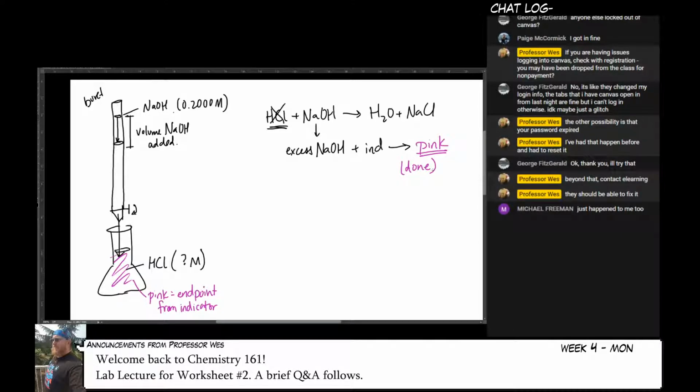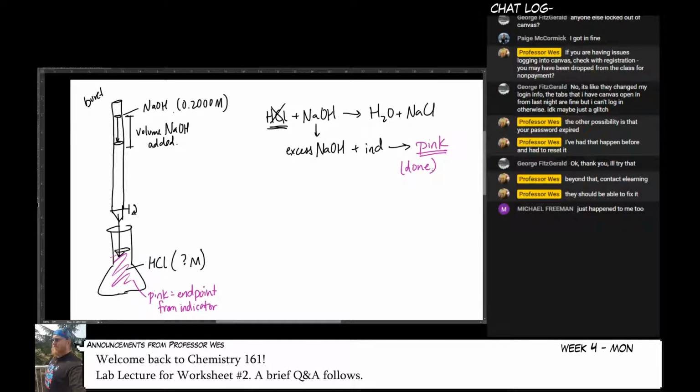So the reaction is incomplete while the flask is clear. The instant that the reaction is done, it would still be clear. But if you go over by even half a drop or 1 drop or a tiny little bit, then you start to see pink, and the reaction is finished.